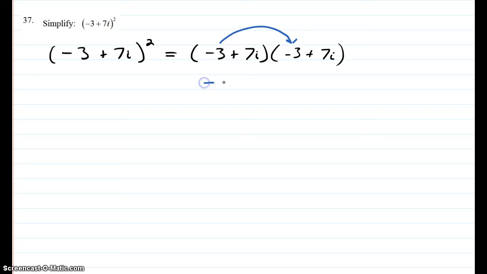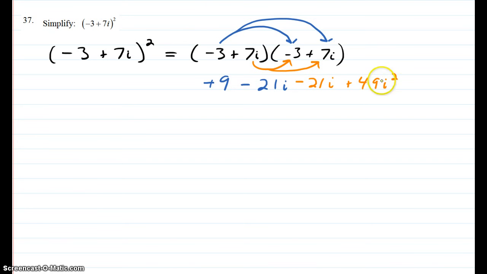That's going to give us a positive 9, negative 21i, negative 21i, positive 49i squared.